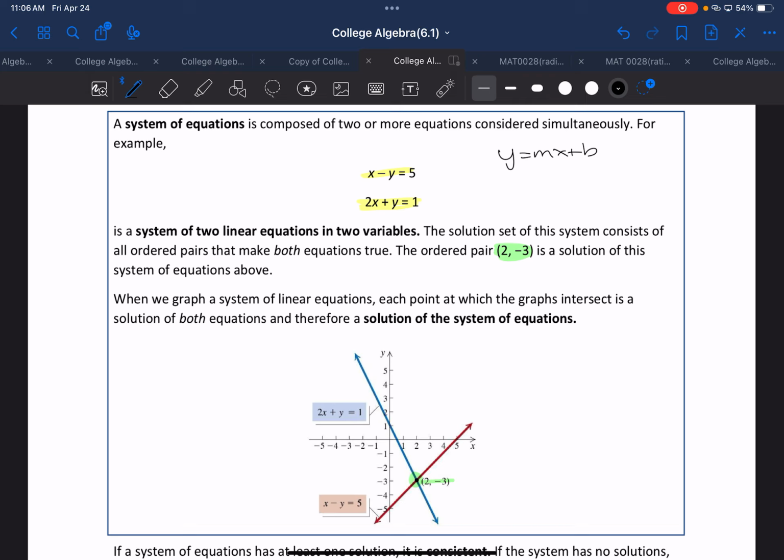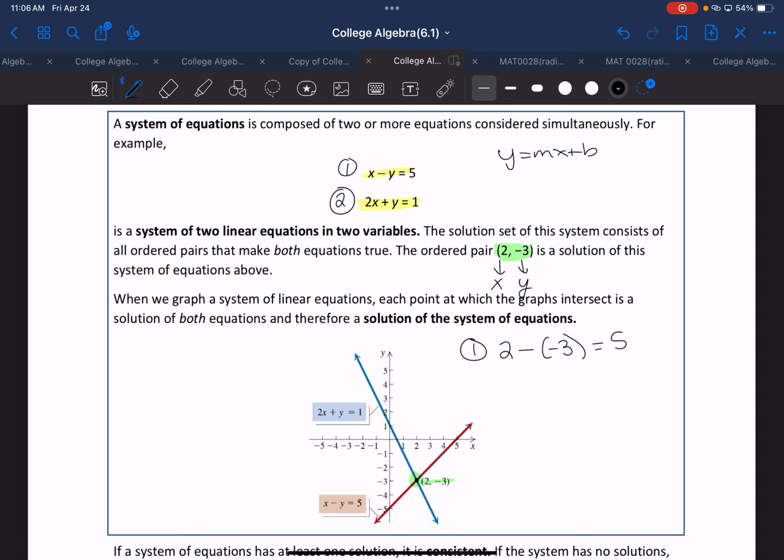And when I say it makes both of these equations true, I can plug in the 2 for the x value and the -3 for the y into both of these equations here, and it will be true. So if I plug in 2 for x to equation 1, that would be 2 minus, and then y is -3, so that's a double negative there.